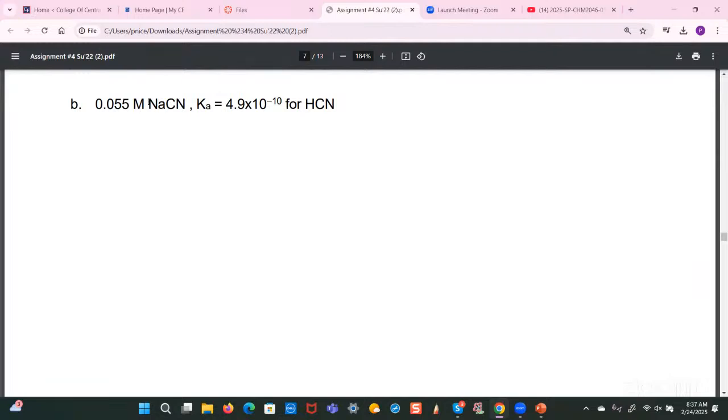Now, in this particular case, it's sodium cyanide. So they gave you the Ka for hydrogen cyanide. That should give you a hint as to the type of solution we'll form, because the cyanide comes from a weak acid. The Ka is 4.9 times 10 to the minus 10, which is a small number. That tells you that the hydrogen cyanide is a weak acid.